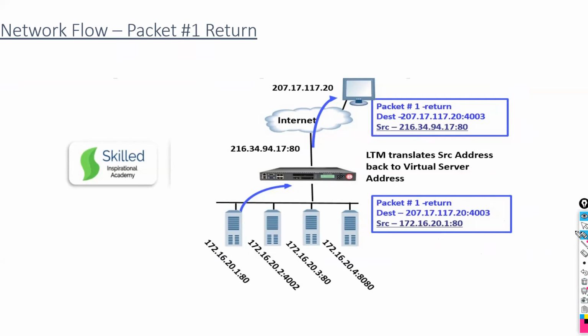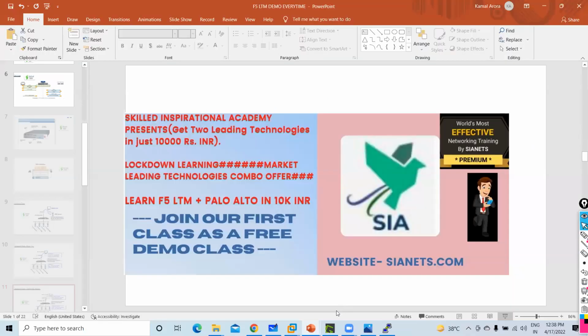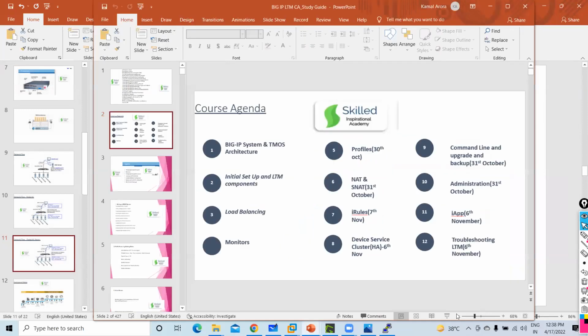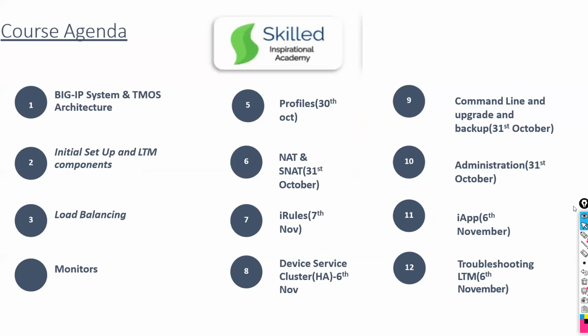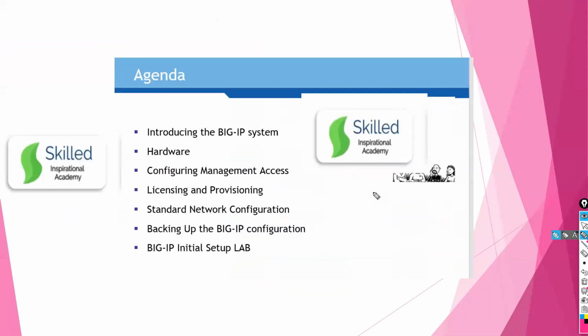Now, the final step which I want to show is the course content quickly. Most people will ask you what course content you are covering. So this is what we will cover. First we will cover all the things related to introduction, hardware, licensing, and everything. Then we will talk about standard network architecture, then lab setup. All the things will be done theory plus practical.